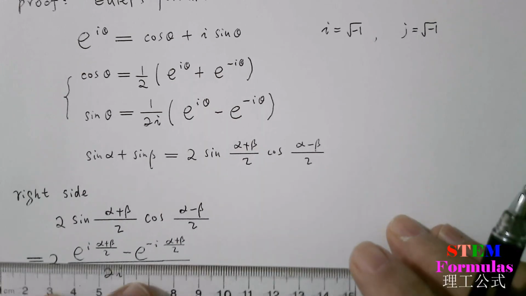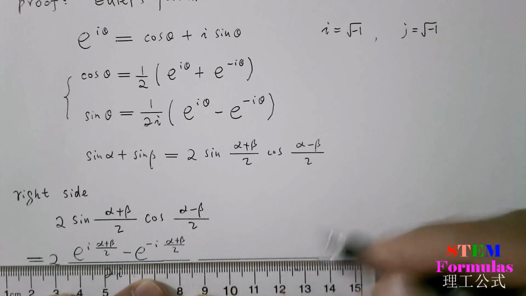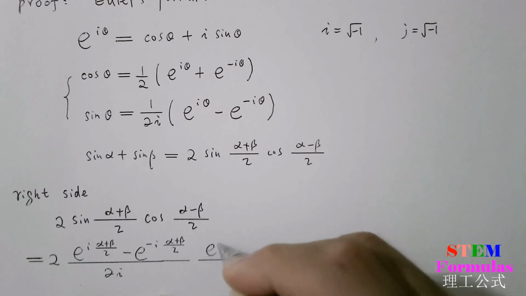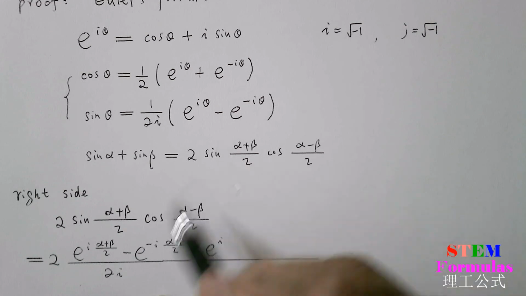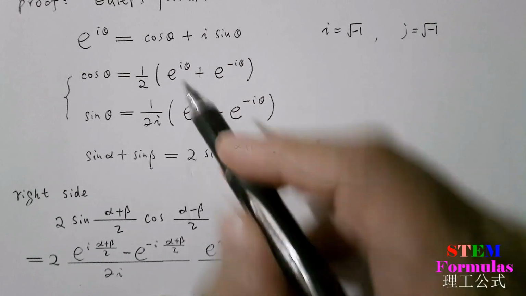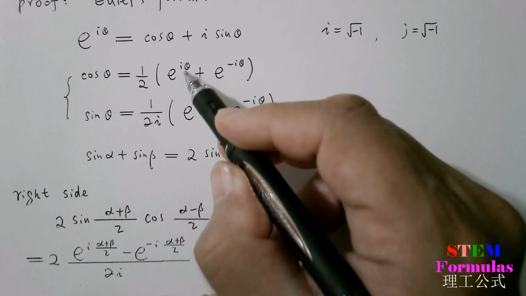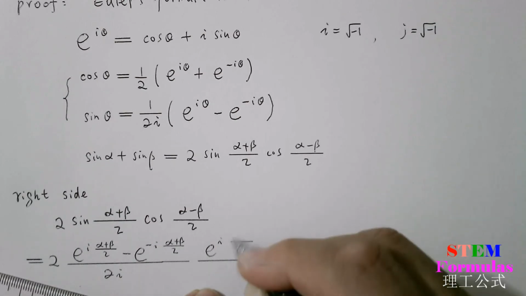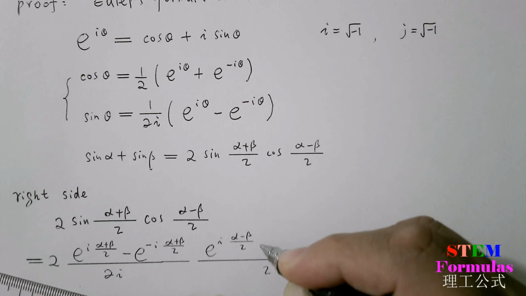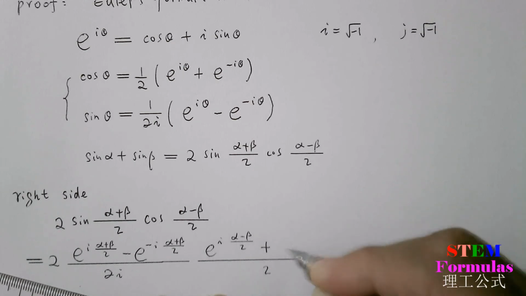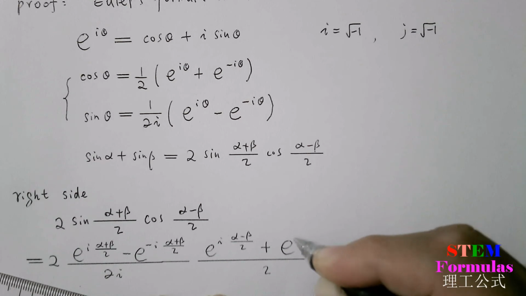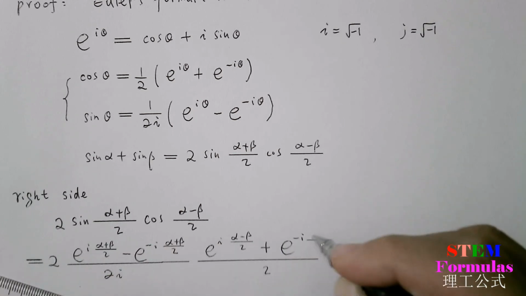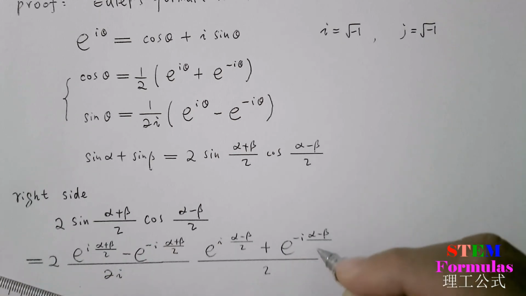So we have here 1 divided by 2 times (e to the I (alpha minus beta) divided by 2 plus e to the minus I (alpha minus beta) divided by 2).